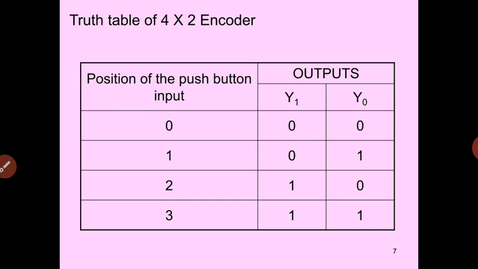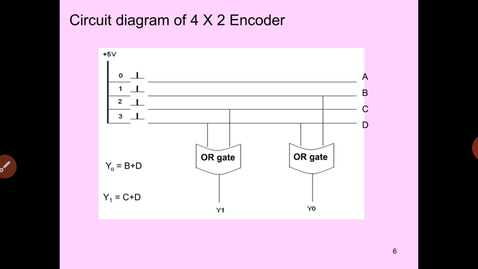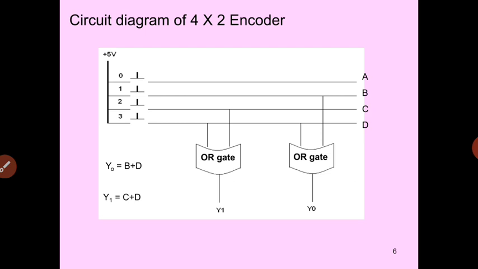For the last combination, push button input 3, both outputs will be 1. Based on this, Y0 output depends upon push button switch 1 and push button switch 3, so Y0 is equal to B plus D. Similarly, Y1 is equal to C plus D. This is how we got the circuit diagram of a 4x2 encoder circuit.